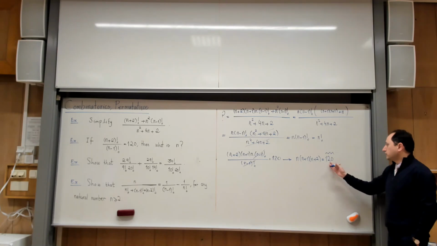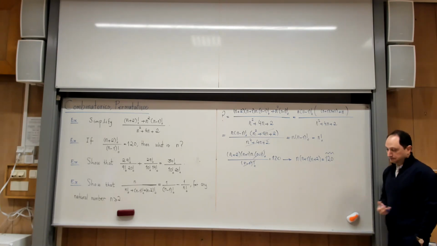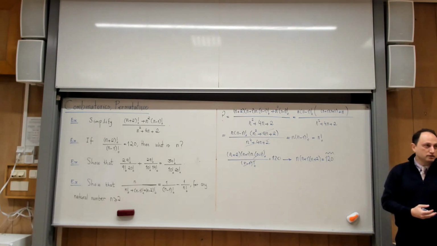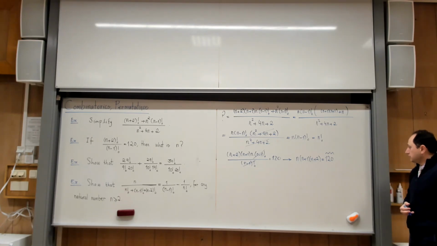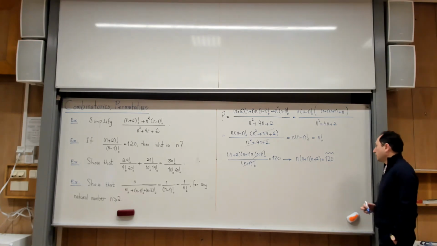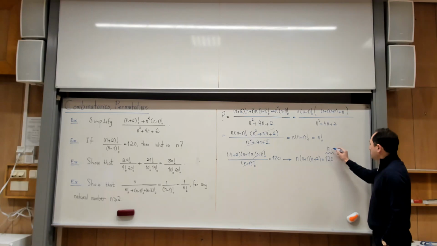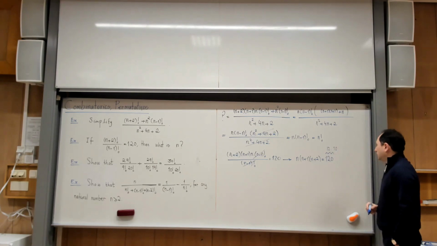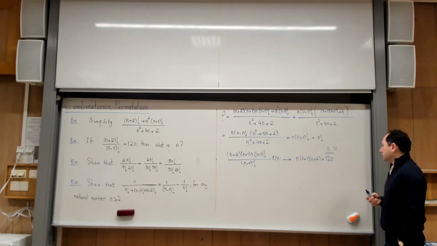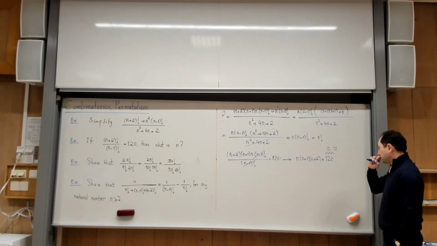So you want to write 120 as the product of 3 consecutive integers. Can we do that? For example, this is 12 times 10, but I want to write it as a product of consecutive integers. What do you say? 4, 5, and 6. Yeah, 4, 5, and 6.